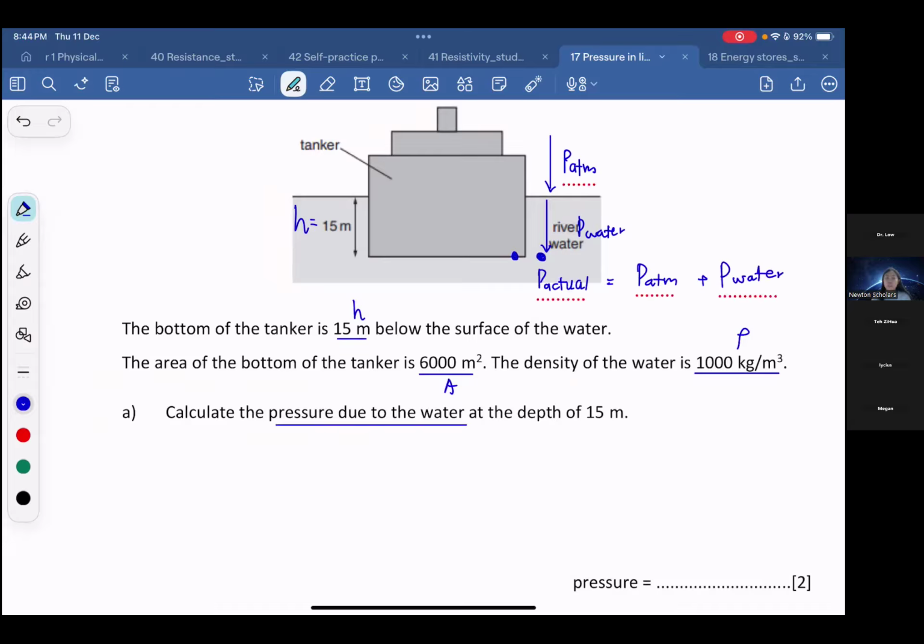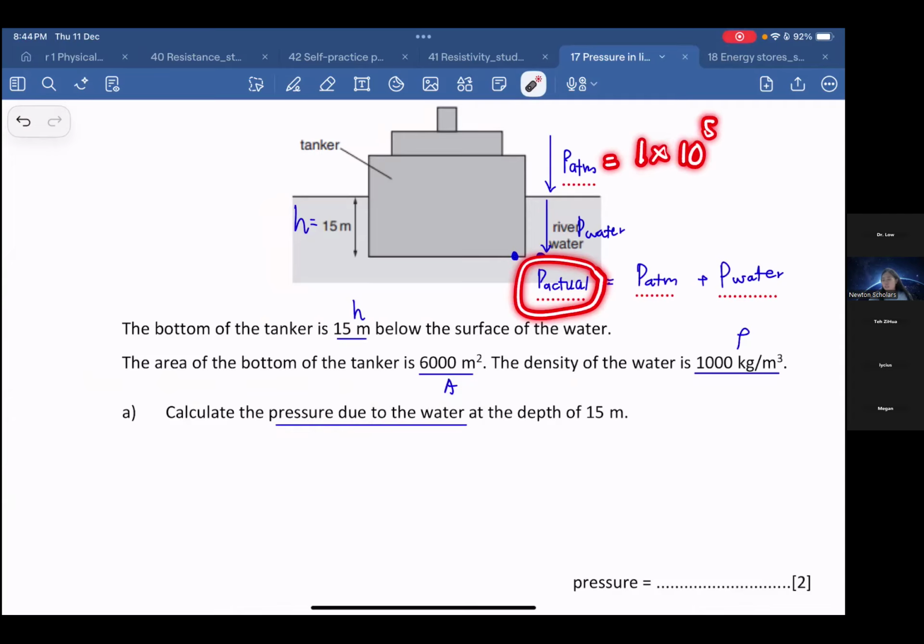But in this question they say pressure due to the water, so they don't care about the atmospheric pressure. They're talking about liquid pressure only. If they want you to calculate the actual pressure, they should tell you the atmospheric pressure. I know it's 1 times 10 power of 5 Pascal at sea level. The question should tell you if they want the actual pressure.